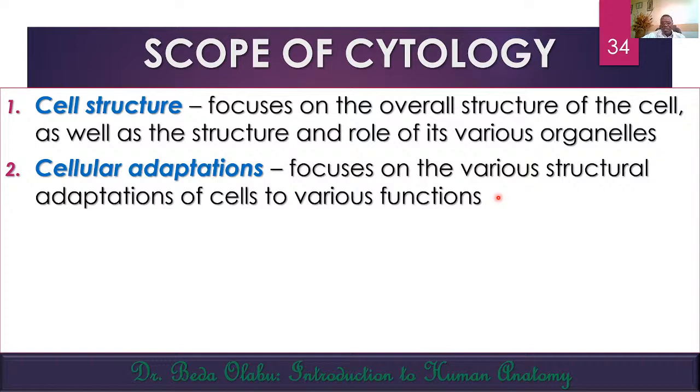So in as much as we know that each cell will have three major components, the cell membrane, the cytoplasm, and the nucleus, not all cells will be the same. They will have some structural endowment for them to perform the different functions that they do perform.